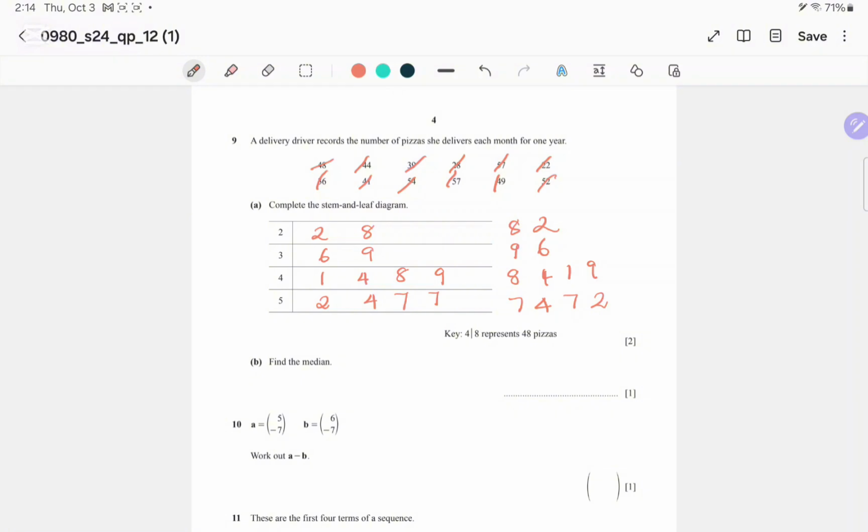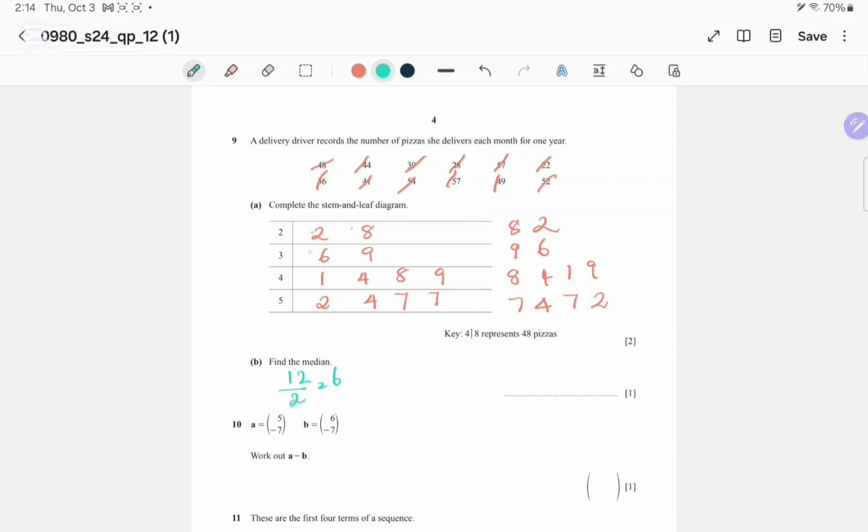So how will you find the median? Totally how many numbers do you get? 1, 2, 3, 4, 5, 6, 7, 8, 9, 10, 11, 12 numbers. So for the 12 numbers, how will you calculate the median? 12 divided by 2 is 6. So we will calculate from 6. It's an even number, so we have to take two numbers into account.